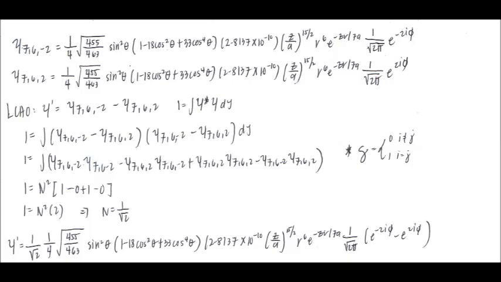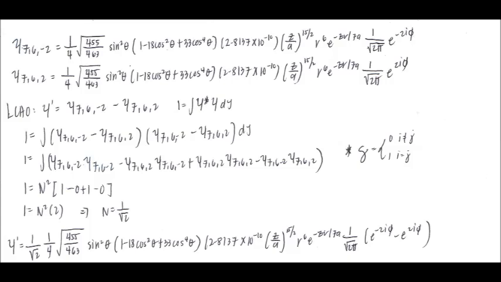Now, we will calculate the value of n by doing the LCAO, the linear combination of atomic orbitals. So, psi equals psi 76 negative 2 minus psi 76 positive 2. Now we normalize it.